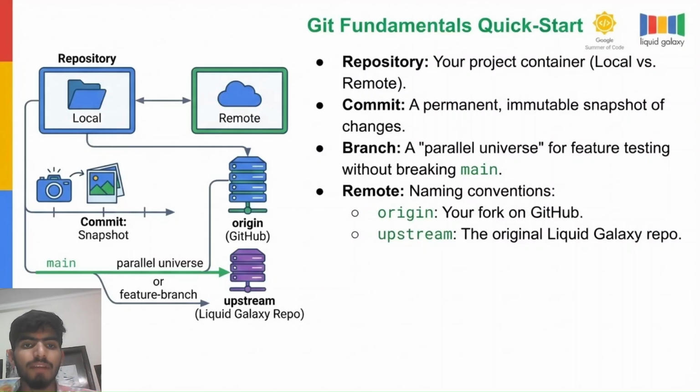Then there is a term branch. So there is a main branch of that particular repository, if you are working on someone else's repository. In that main branch, all the code which is done till now is there. So these are like a parallel universe.